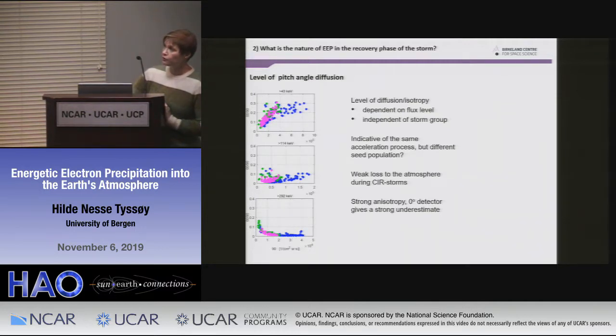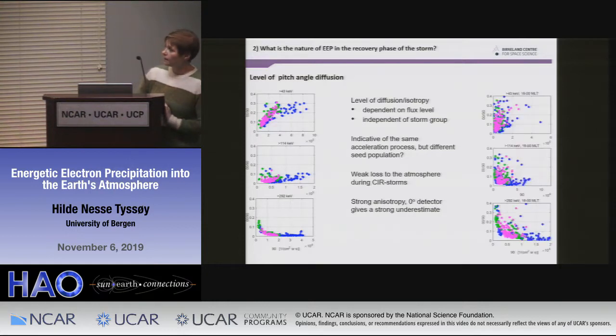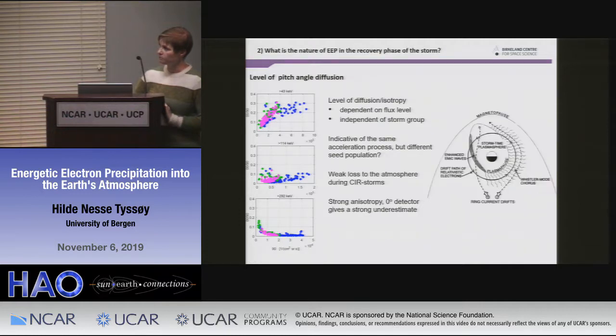phase. We looked at different local times, and they basically look like this, except in the evening sector. Then it becomes much more scattered, which we can understand based on the EMIC waves, which we know are pushing the electrons to smaller pitch angles and into the loss cone.